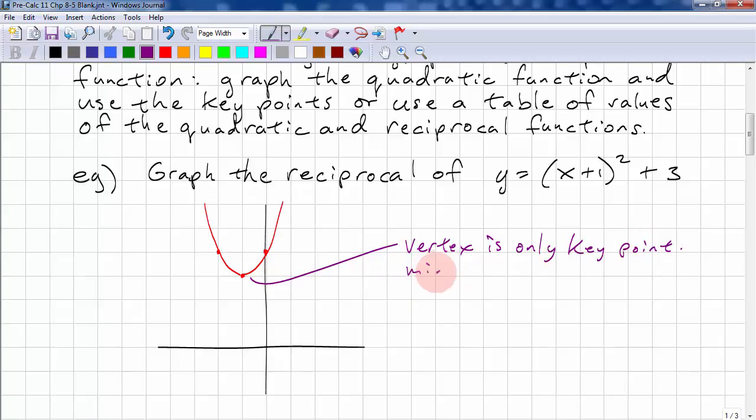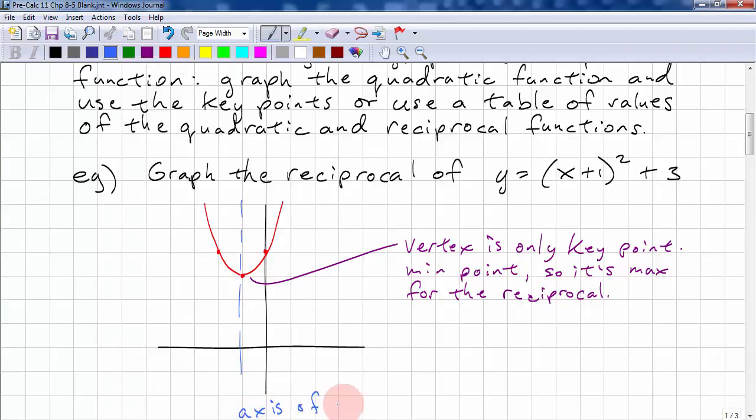It's a minimum point, so it is our maximum point for the reciprocal. Our vertex is also our axis of symmetry. So we have x equals negative 1.